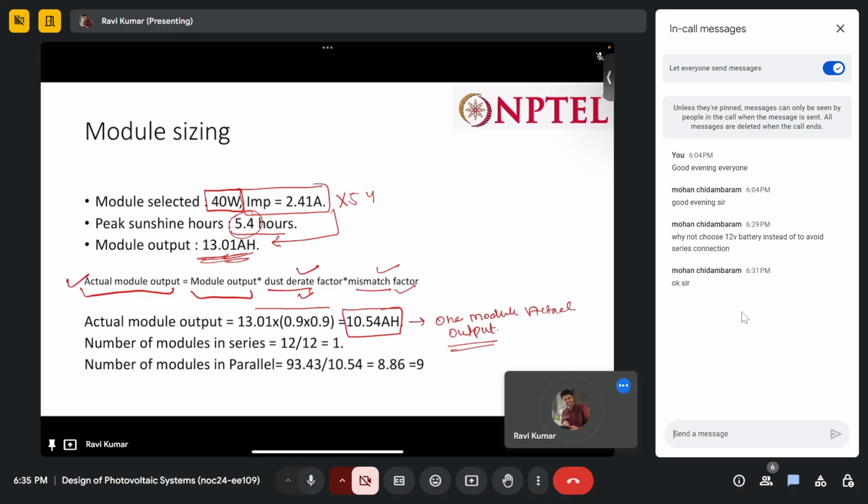We have already seen that our PV module is of 12 volt. So how many modules do you require? Similar to the battery calculation, in series you will require only one. But our daily requirement is 93.43.